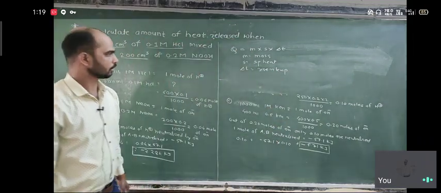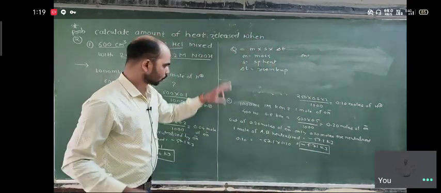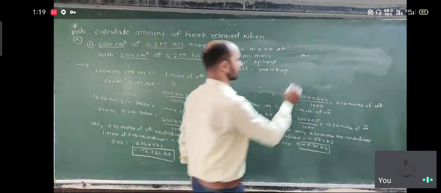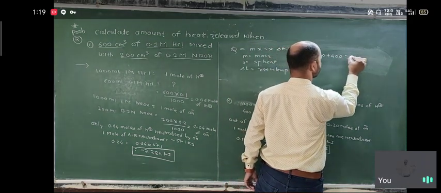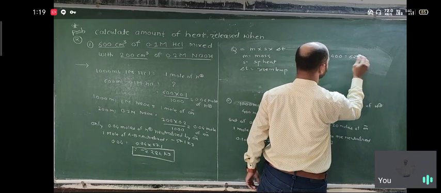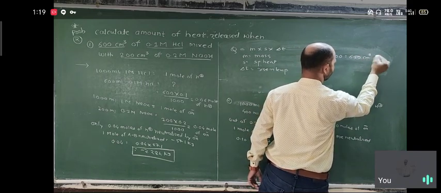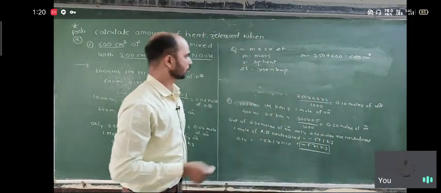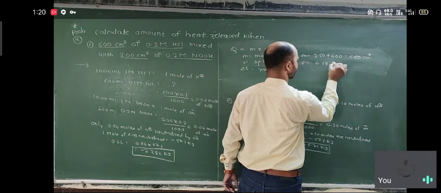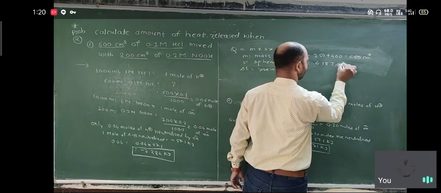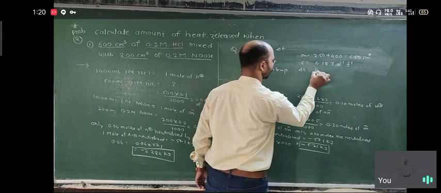So here we have M, the mass is 250 and 400. So 250 plus 400 is equal to 650 centimeter cube, which converts into gram. Specific heat S is given 4.18 joule per Kelvin per gram, and delta T we are going to calculate.